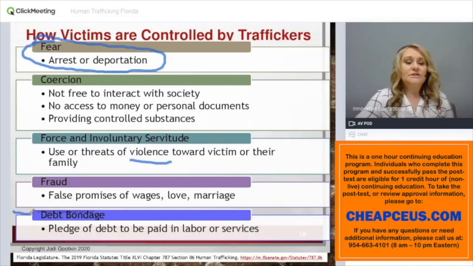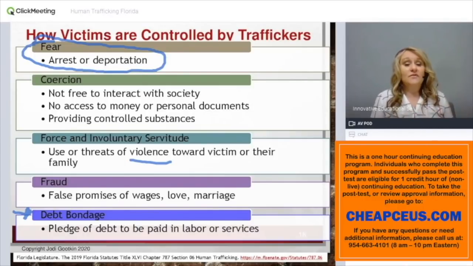Debt bondage is where the individuals that are being trafficked have been brought to the United States and have no other means to provide for themselves, and they were charged a fee to be brought over here.